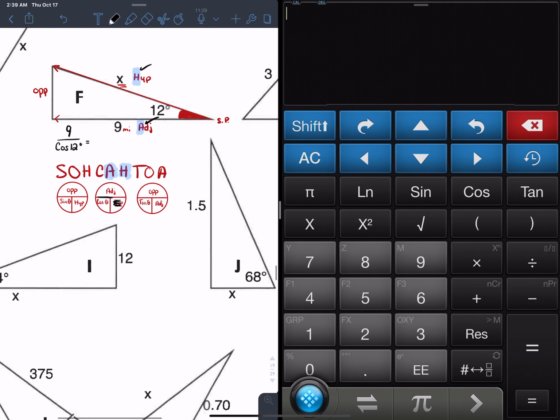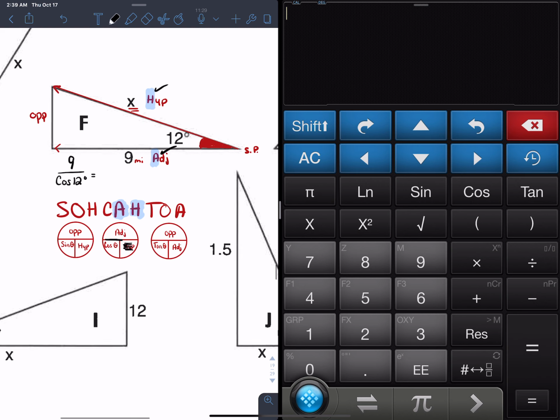So again, just making sure that your calculator is in degrees. We'll start off by putting in 9 divided by cosine 12. We hit enter, and you've got your 9.2. Now typically, I don't care where we round off at, but you have to be at least aware that the hypotenuse, if it's the longest side, you can't round that thing off to be 9 because it'd be the same length as the adjacent side.